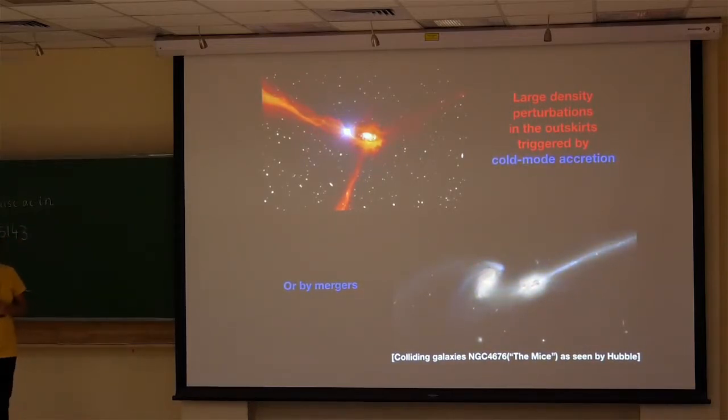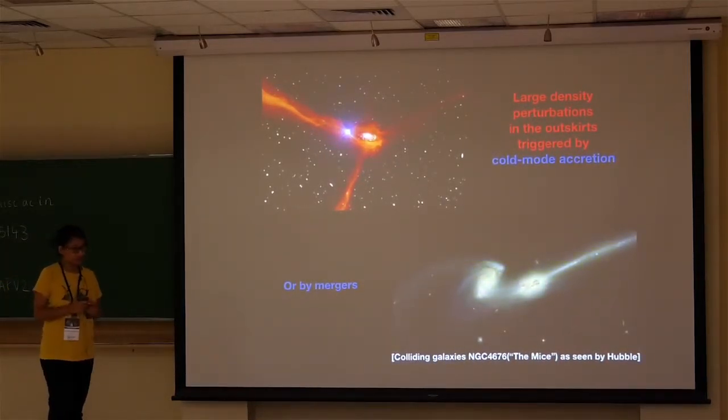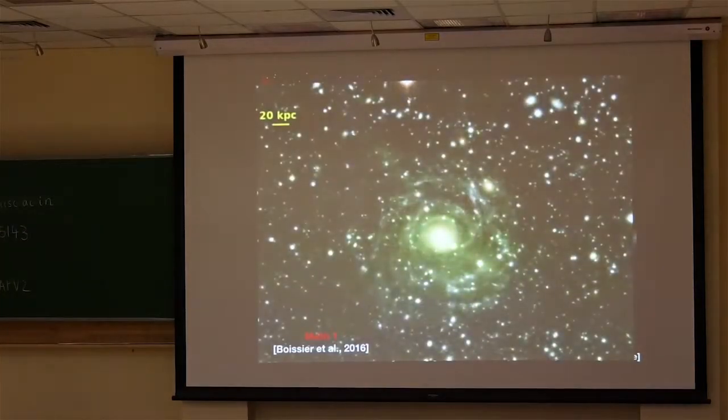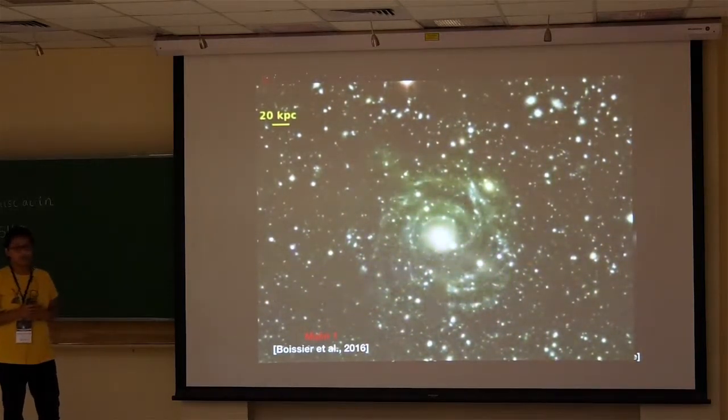Another is the merger. Right now there is good evidence that mergers can trigger some cooling in the outskirts. There is this galaxy Malin 1, which is a Milky Way sized galaxy, and which has a stellar disk going up to 100 kpc and has a steady growth of cold gas in such a disk.